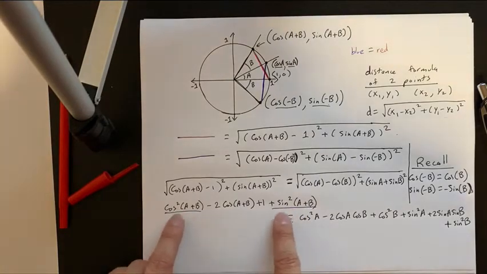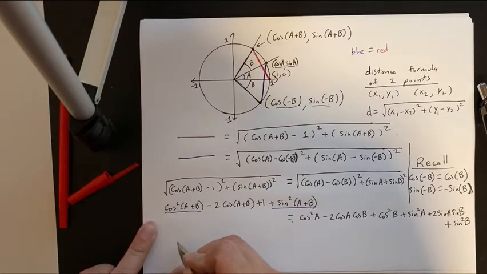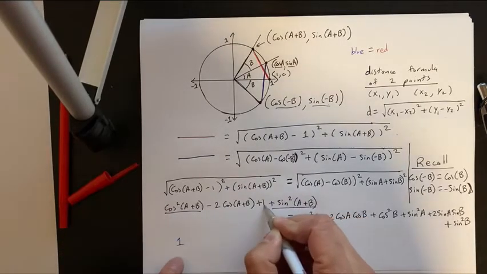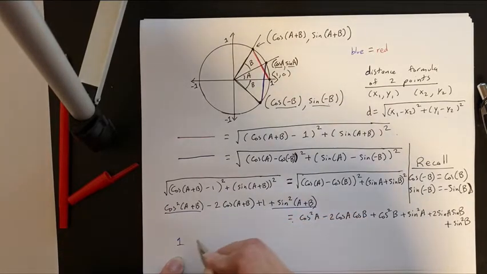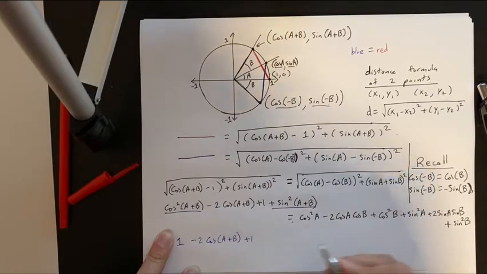So this thing here is just going to be a 1. Let me write the next line in blue. So this will be a 1. Here's another 1. Okay, plus 1. And you have a minus. So everything is going to be the same. So it'll be a minus 2 cosine a plus b plus 1.